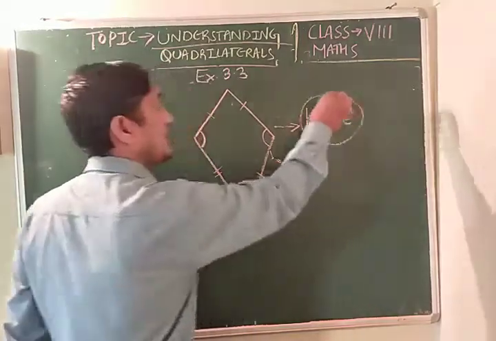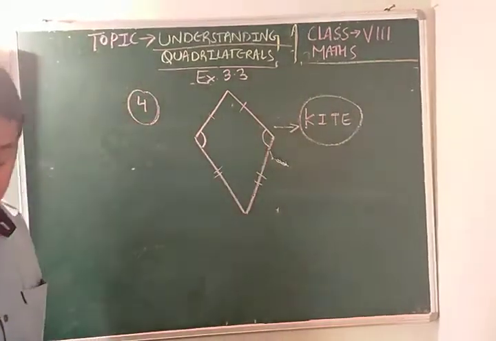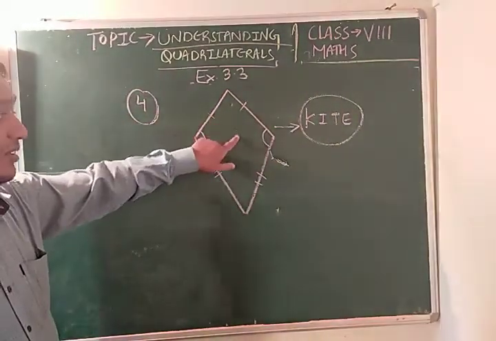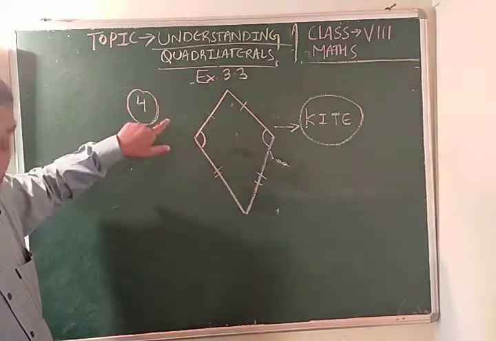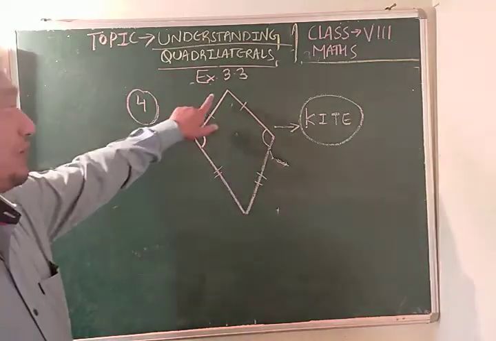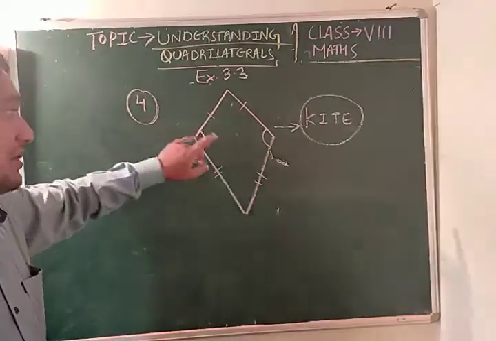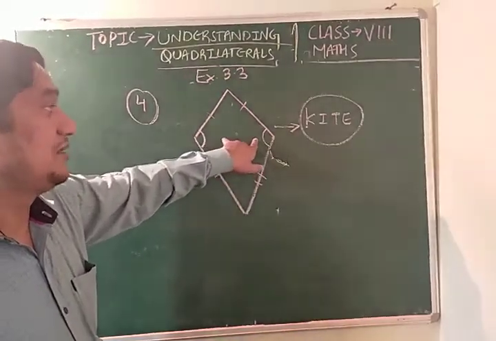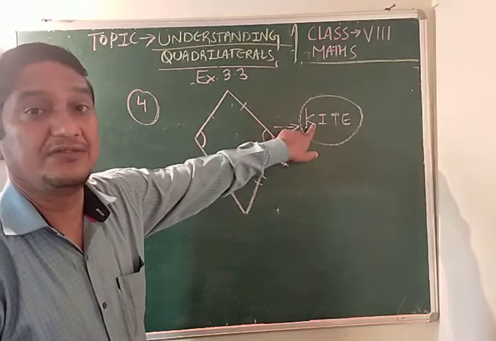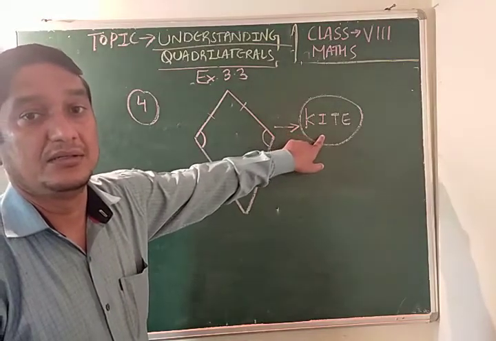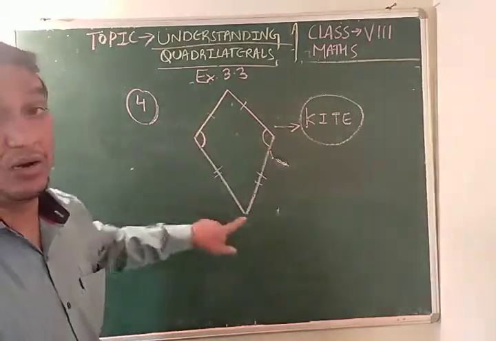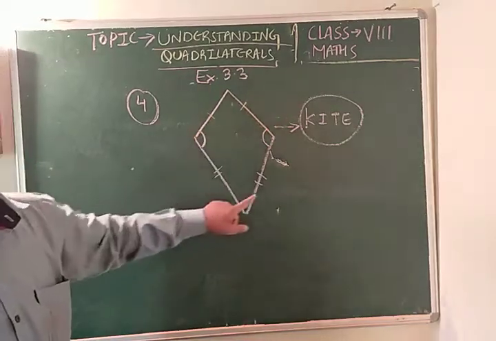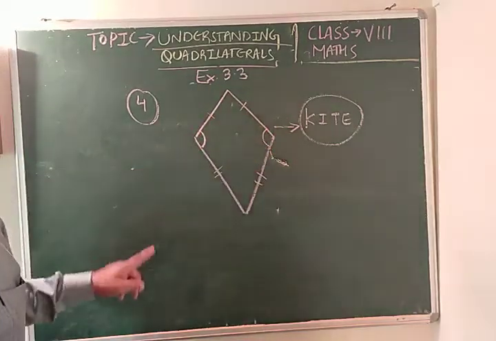The kite is the example for this question, a rough sketch for the condition in which the quadrilateral is not a parallelogram, but the pair of opposite angles are equal, in the case of a kite. Children, you have to learn all the properties of these types of quadrilaterals.